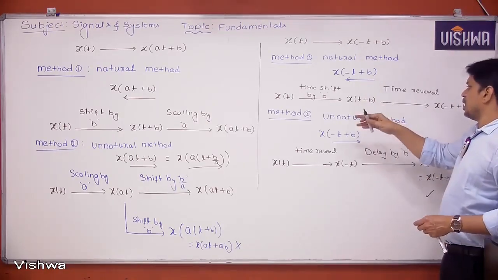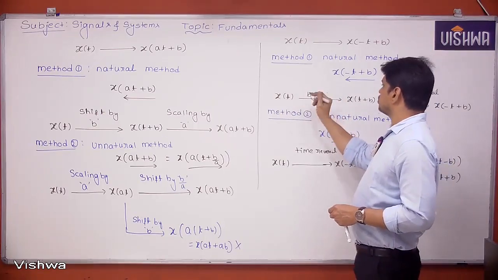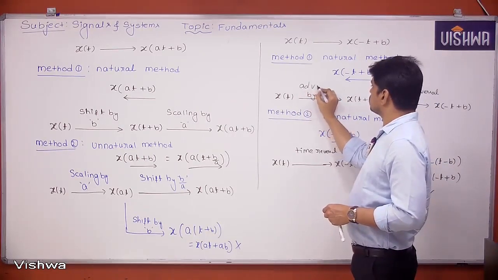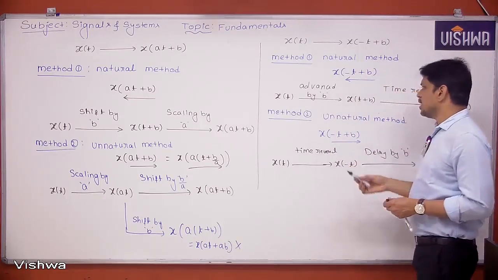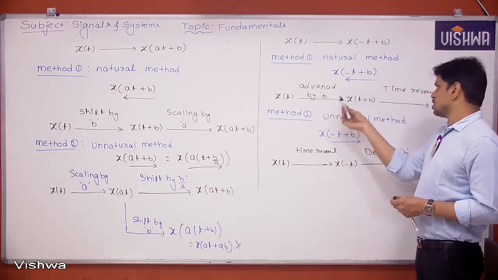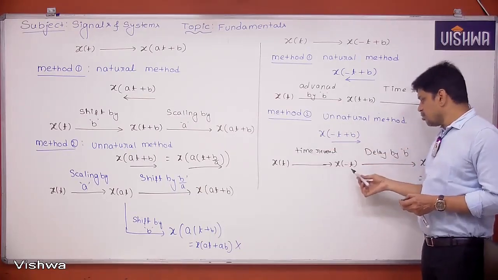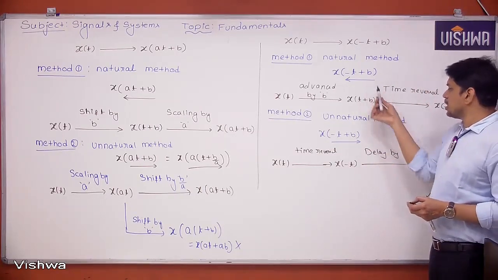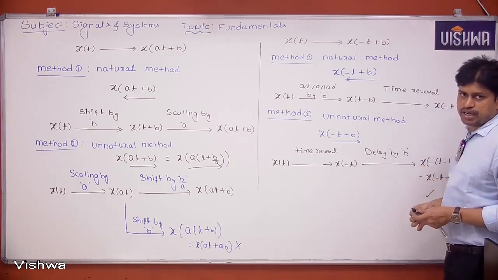So here I can write advanced by b also, no problem. It looks advanced by b, so advanced by b, time reversal we are doing. But in the unnatural method, after time reversal, even though it looks like advance, we have to perform the delay. Then only we can get the final answer correct.